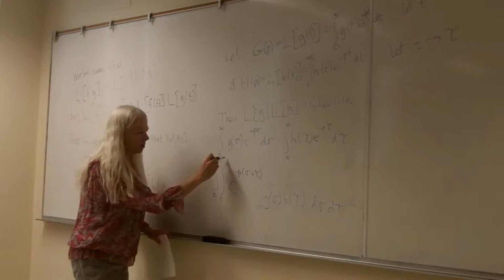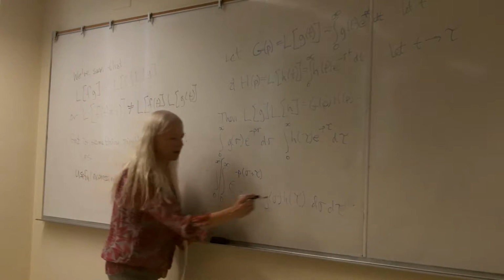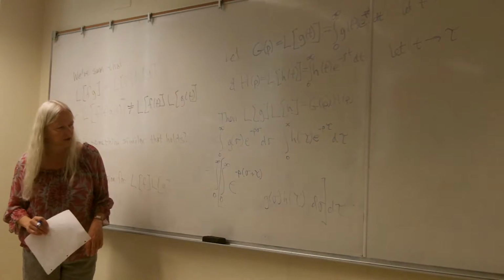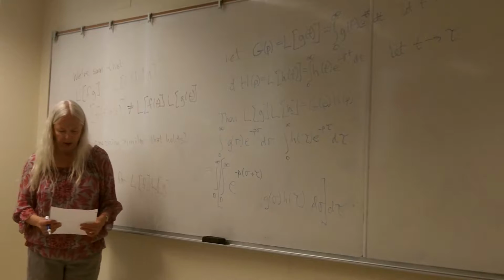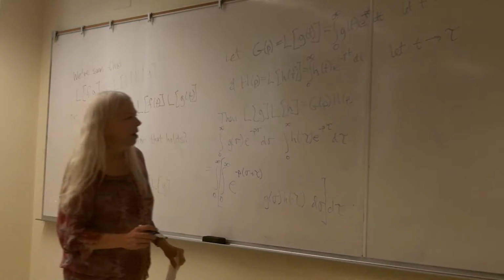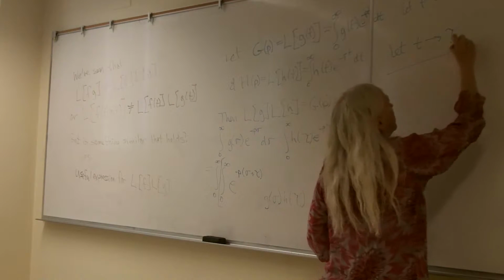And then let's put parentheses like this. We could imagine doing the sigma integral first, the innermost one, and then the tau one later. Okay? So let's do another change of variables at this point.